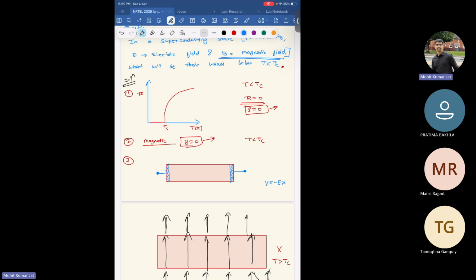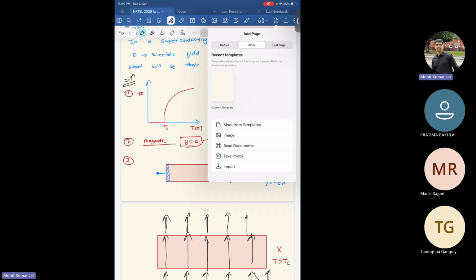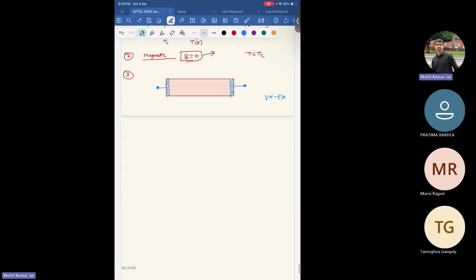Basically, if between 2 points there is an electric field, let me add an extra phase here, then I will be able to convey my idea better. Let's say this is your plate A and plate B, and there are electric field lines here.